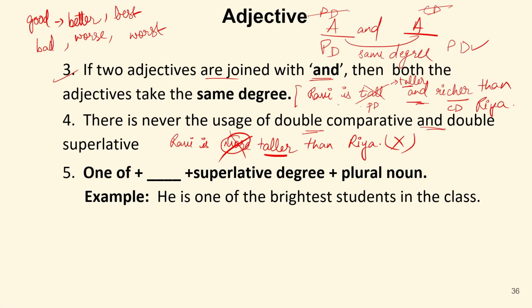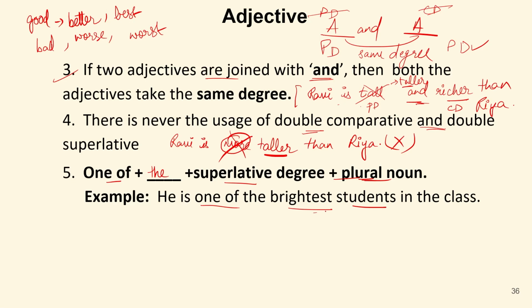Now, the other rule, the fifth one: superlative degree plus plural noun. With the superlative degree, we always use the, that is the definite article. Now, if one of the is followed by a superlative degree, it should always be followed by a plural noun, but a singular form of verb. He is one of the brightest students in the class.